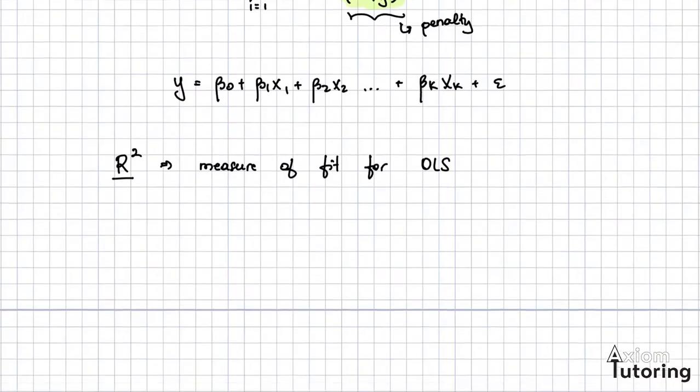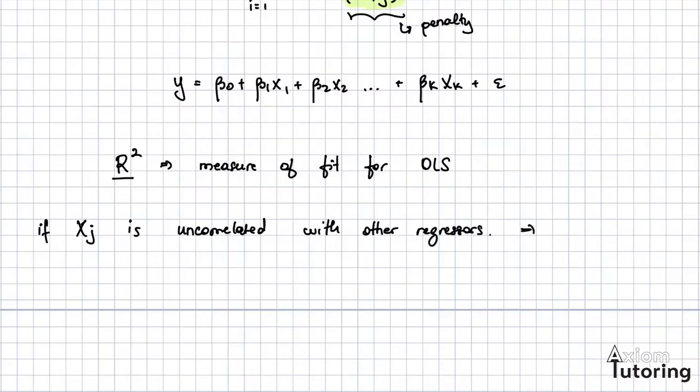Now, the thing is that usually if whatever xj, so any of these x variables that you have put in here, is uncorrelated with any of the other regressors that are also part of the model, then rj squared is actually going to be 0, because it's a reflection of the fact that there's not any way, for instance, this x1 is correlated with x2 or any of the other x's that you have in here.